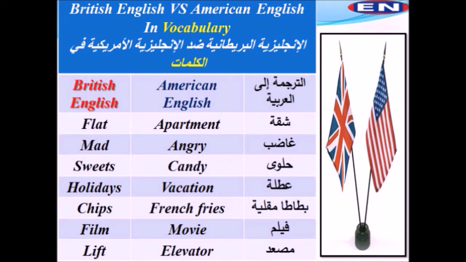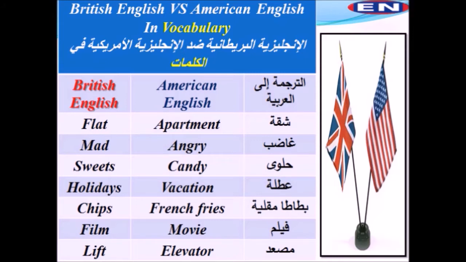Fortunately, most Americans and Brits can usually guess the meaning through the context of a sentence. Let's take some examples in vocabulary. In this table, we have the British English side and the American English side. Beginning with the first word in British English, we have flat. In American English, they say apartment, which means شقة. Next word, mad. In American English, they say angry. It means غاضب.